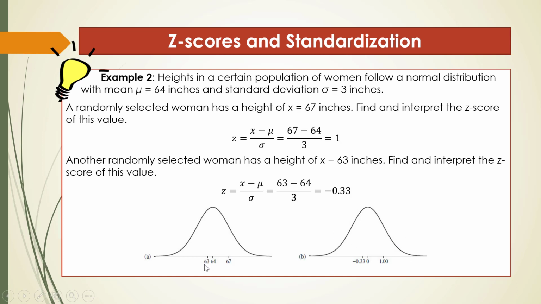So 63 is an x value from the original distribution. It corresponds to a z-score of negative 0.33 on the standard normal distribution. And similarly, 67, an x value on the normal curve of the population heights, corresponds to the z-score 1 on the standard normal curve.